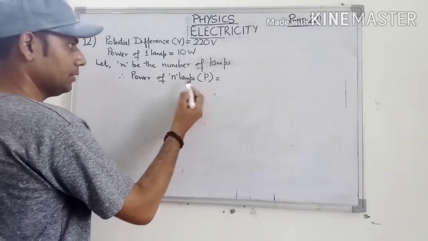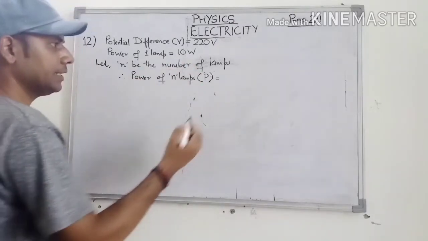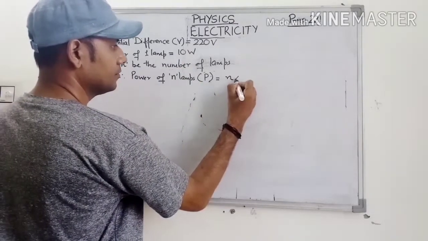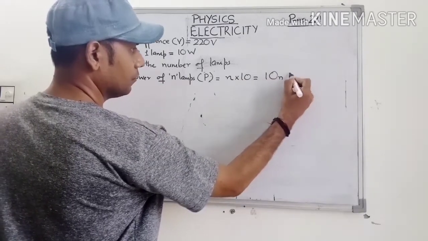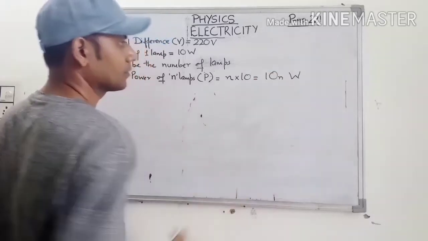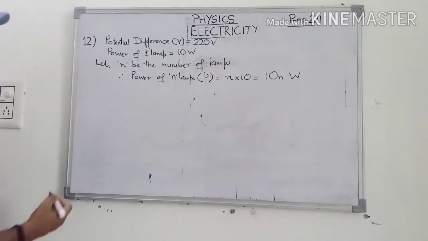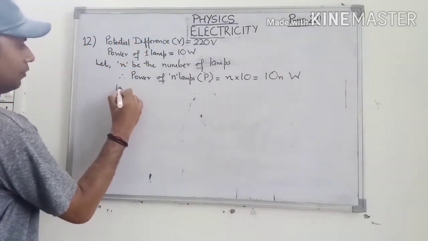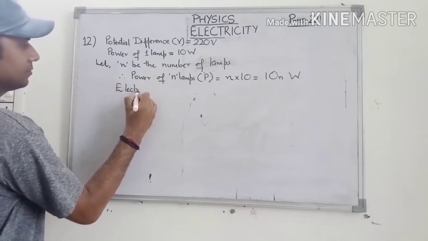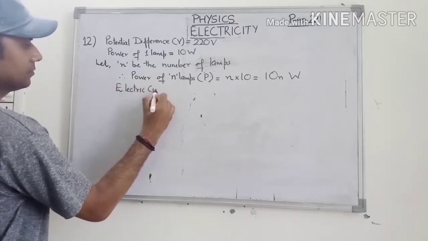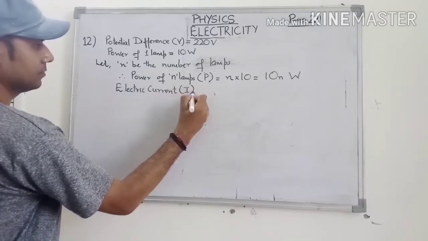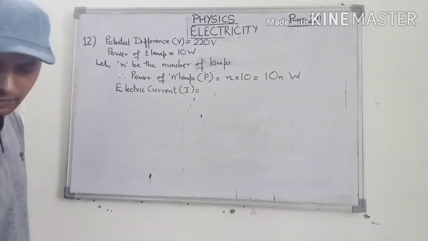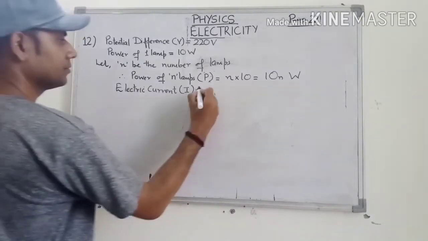So simply you will multiply n by 10. So what you will get here, 10n watts. Clear? What is the electric current? Electric current is how much? 5 amperes.